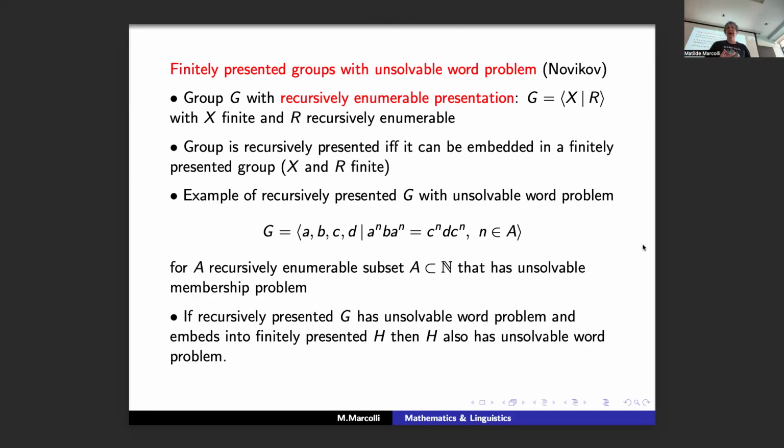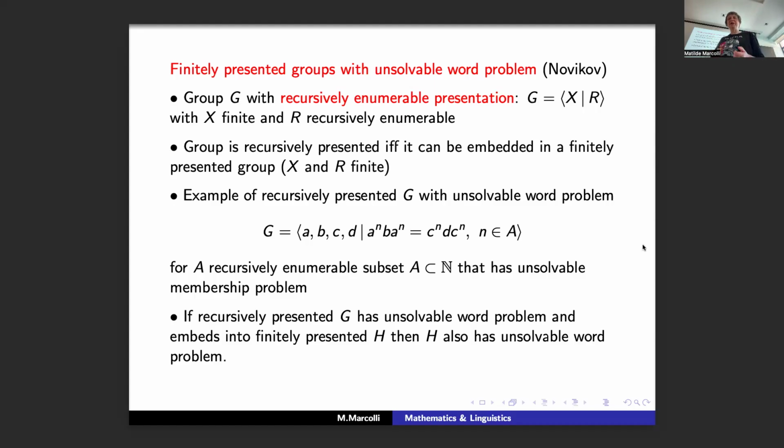Because indeed, there are examples of groups that have a recursively enumerable presentation, and there are recursively presented groups that have an unsolvable word problem. For example, you can construct an example where your relation depends on an integer that has to be in a set that is just recursively enumerable rather than recursive.